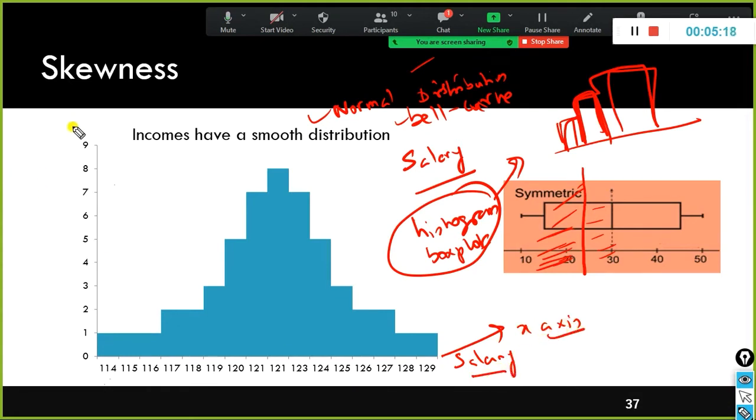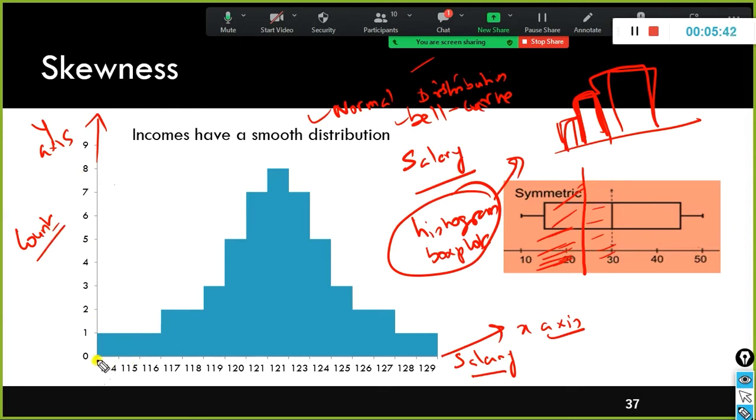So what is the y-axis all about? For the histogram, it automatically counts the values. The y-axis displays the count.